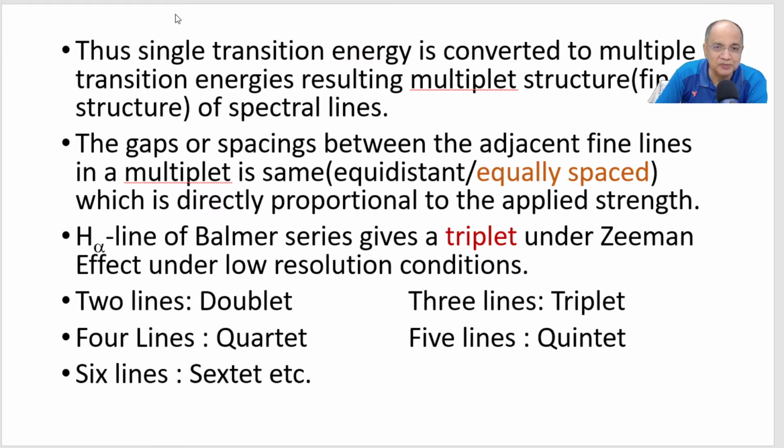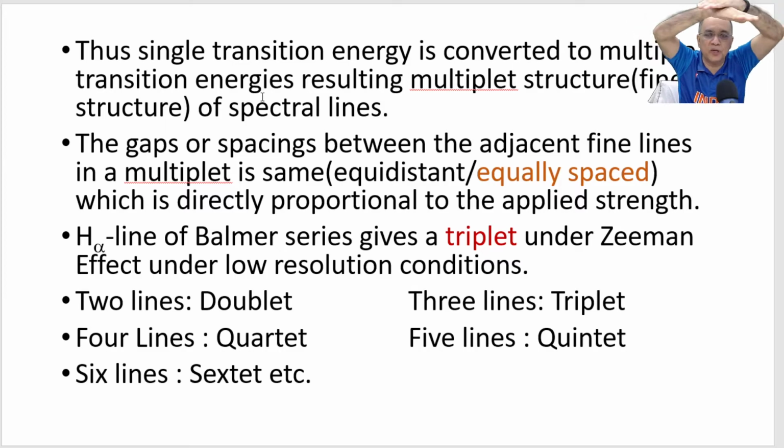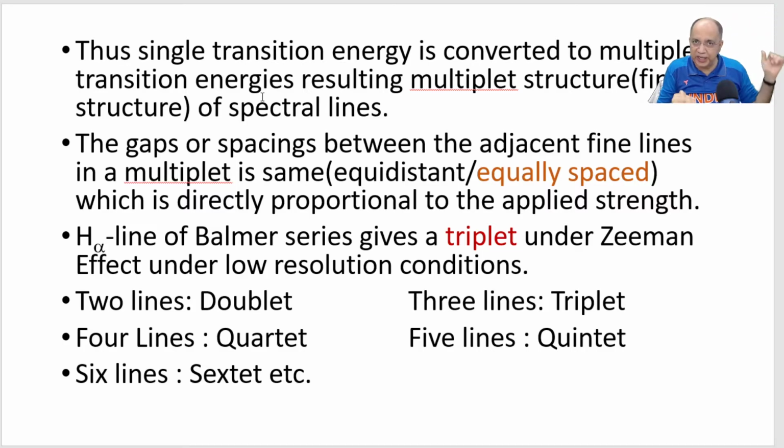Now see, thus a single transition energy is converted into multiple transition energies, because there was only one. All the 5 d orbitals were of the same energy. So a transition from 3d to 2p, for example, that was unique. But here there will be 5 d orbitals, one above the other, of different energy values, and there will be 3 2p orbitals.